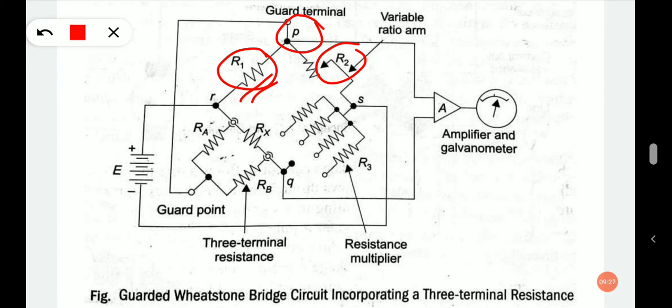This guard terminal is connected to the three terminal resistance which is mounted over two insulated posts which are tied up with a metal plate.